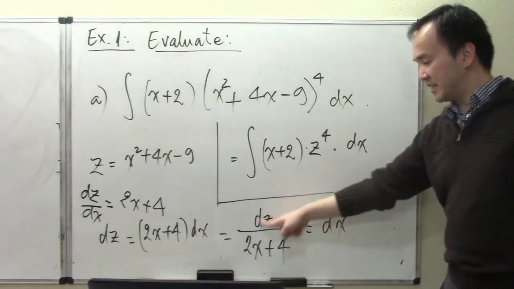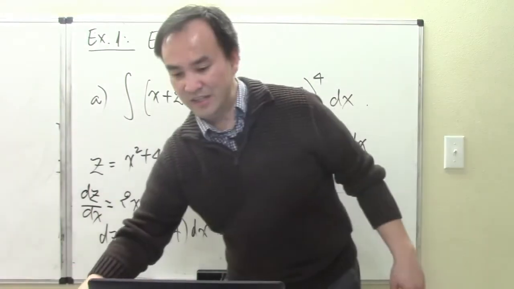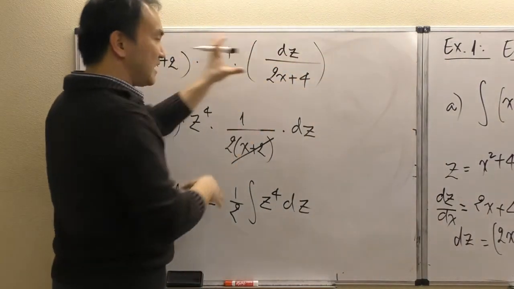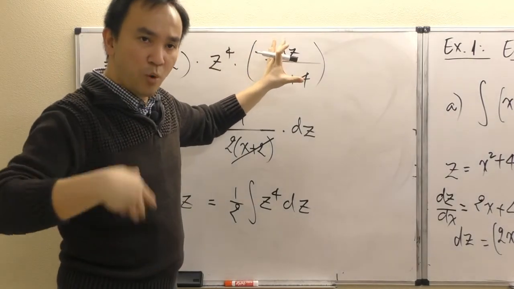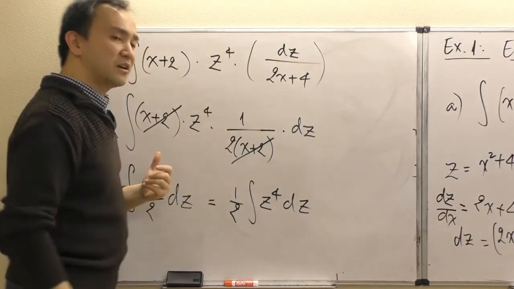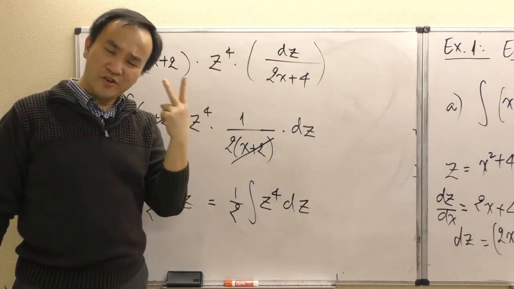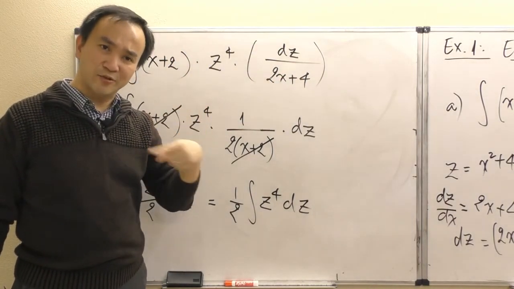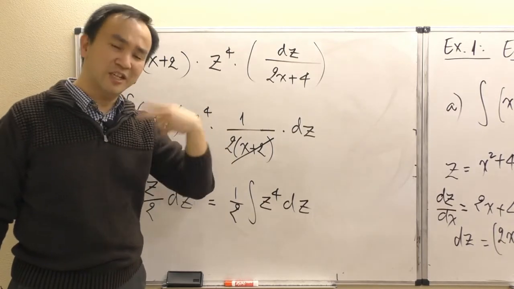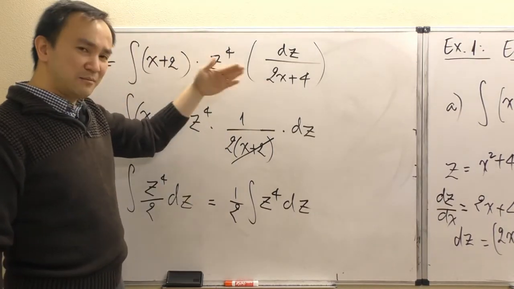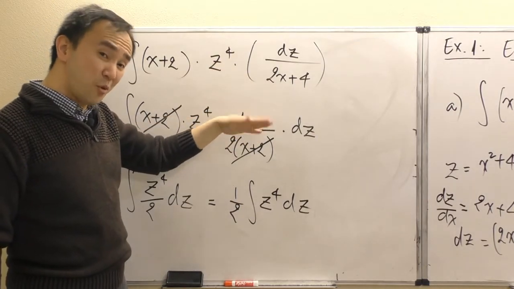And now the dx can be substituted by that. And then I came to this point, and I asked myself that question again: did I wash away completely my old variable? Because there's still some extra here. So the question in step 2 is a question that you can ask yourself multiple times. You keep asking yourself until you completely wash away the old variable. So I keep asking myself and keep improving it.